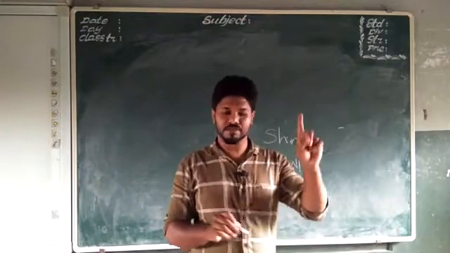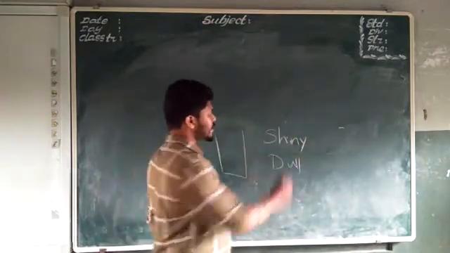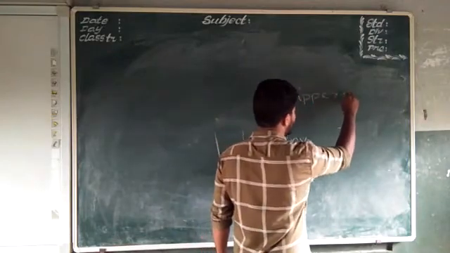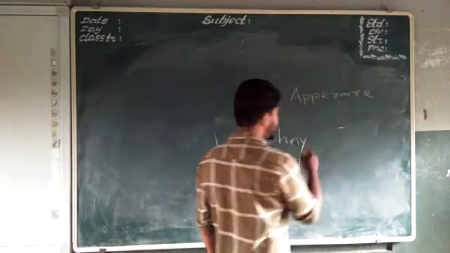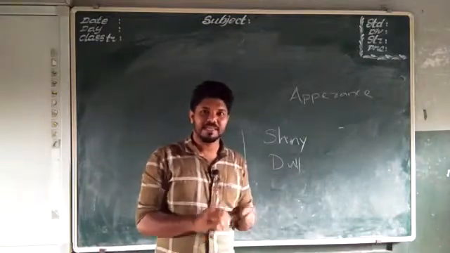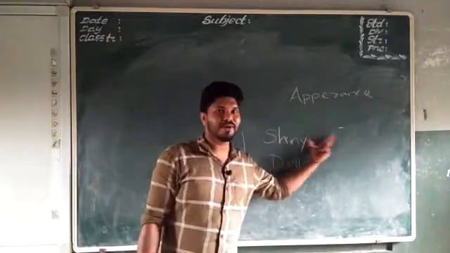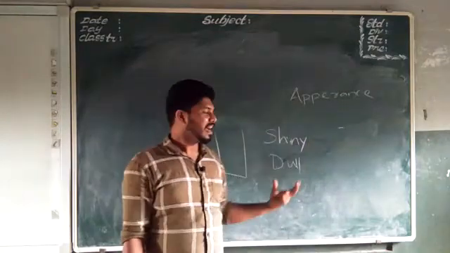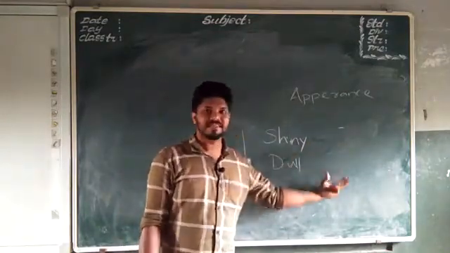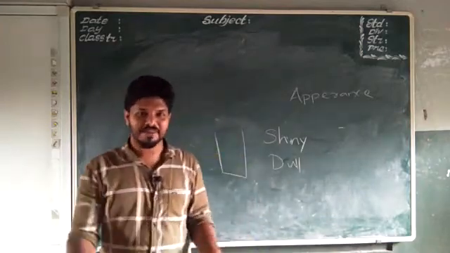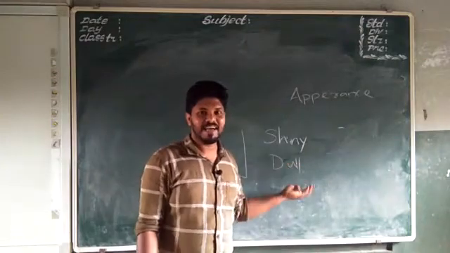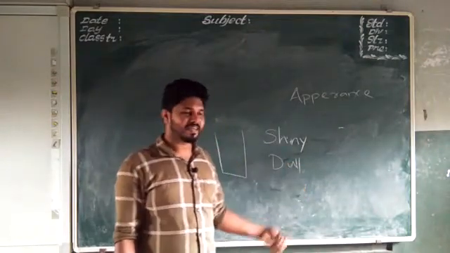So the first set of classification, as I told, is appearance. How do we understand whether it is shiny or dull? Make a new cut in the object. If it appears shiny, it belongs to the category shiny, and sometimes it will not be shiny, so it belongs to the category dull. So based on appearance, some materials are shining and some materials are dull.